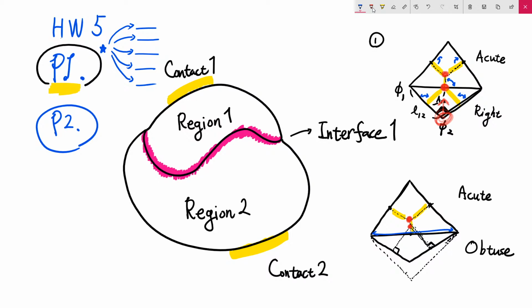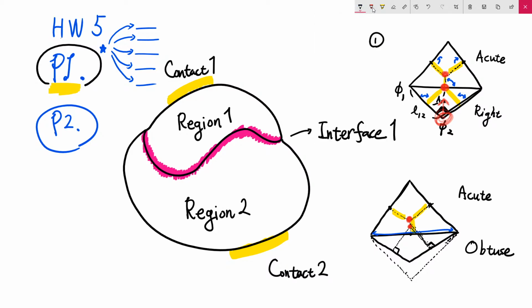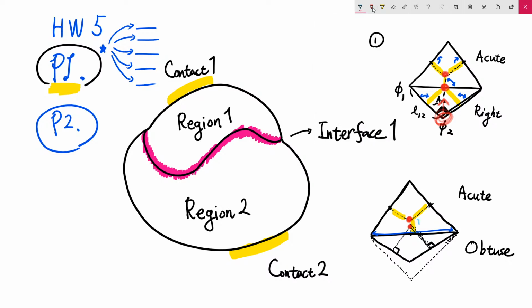Okay, now you can understand, according to our acute triangle, this will be the area corresponding to our edge shared by our obtuse angle and acute angle.